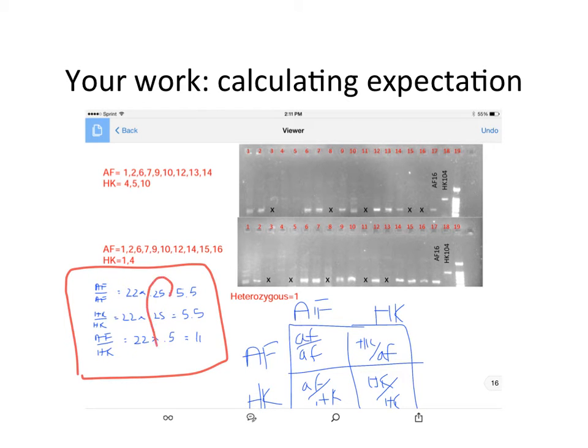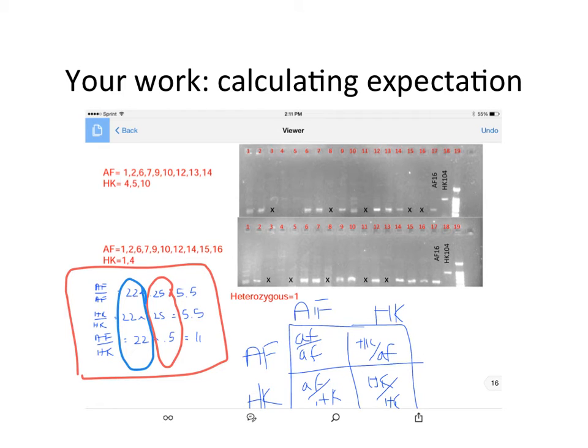You multiply the percent, so those are the percentages that I just circled in red there in the middle. Those are the percentages that came from the Punnett square. 25% AF over AF, 25% HK over HK, 50% heterozygote at the bottom. You multiply that by the total number of observations. In this case, the total number of wells that we read genotypes for, which in this case was 22.